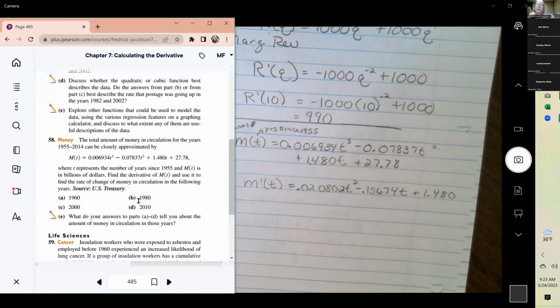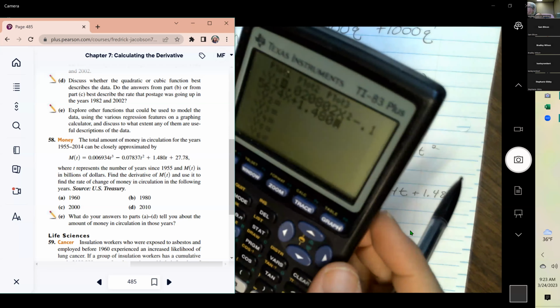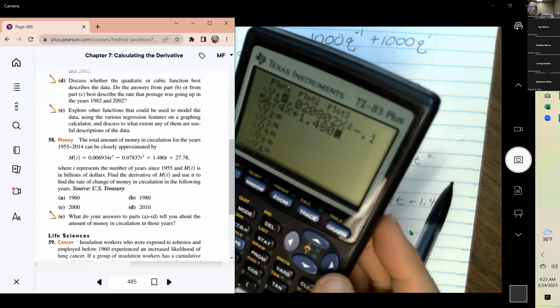Okay, now on Desmos or if you have a TI-84 calculator, when you have a lot to plug in, you can use the calculator to make a table. Let me show you on Desmos.